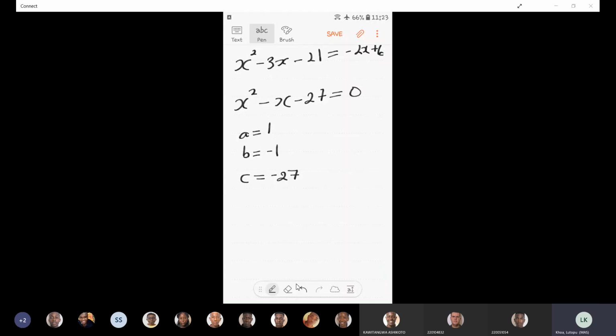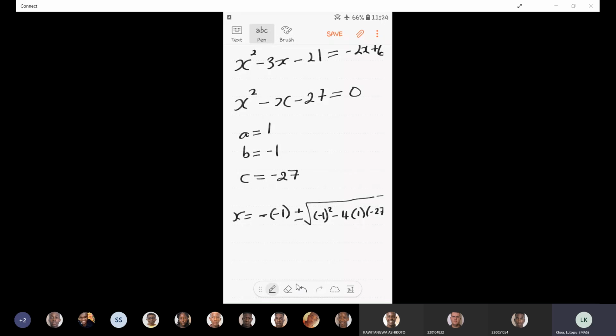Okay, so I have my a, b, and c. All I need to do now is substitute into the formula. So I will have x, this is negative b, so it's negative of negative 1, plus or minus the square root of b squared, which is negative 1 squared, minus 4 times a, which is 1, and then times negative 27.